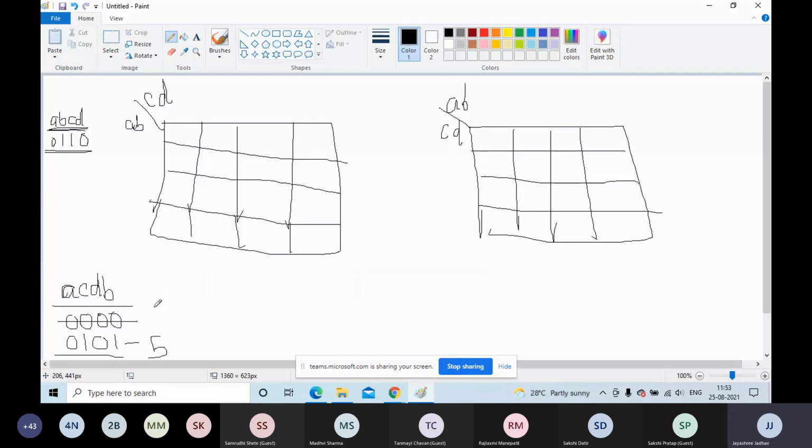Okay. So my suggestion is to follow A, B, C, D like this way, or A, B, C, D like this way. But if you are using both, this K-map is also correct.